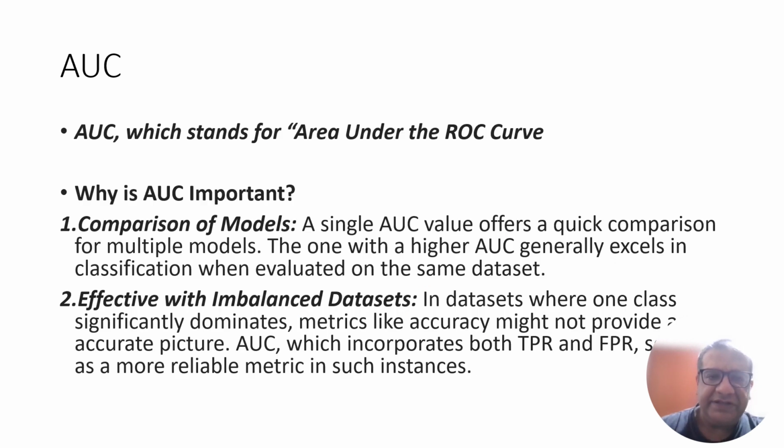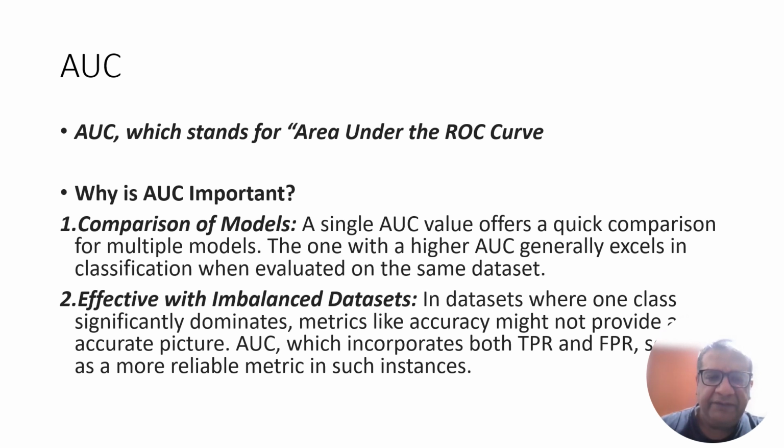Last but not the least, AUC, which stands for area under the curve. I have given here two important facets of AUC as to why it is important. It gives a comparison between models: higher the AUC, better the model.